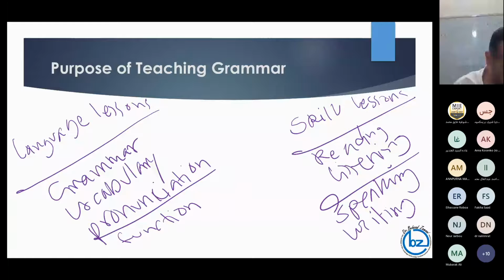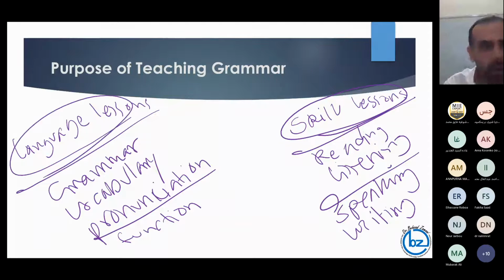But the question is: what's the difference between these two types of lesson? What's the difference between a skill lesson and a language lesson? Does anybody know? Just if you can turn on your mic and talk, please, dear friends. I don't have any access to your chat box now, I'm on my slide.